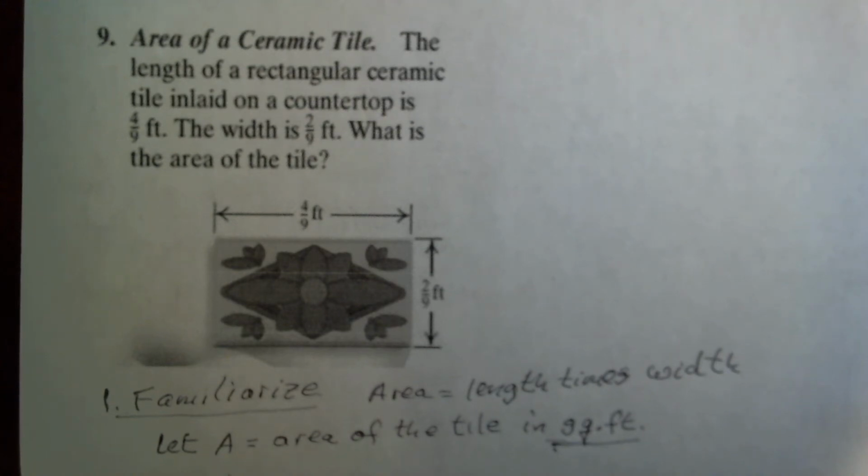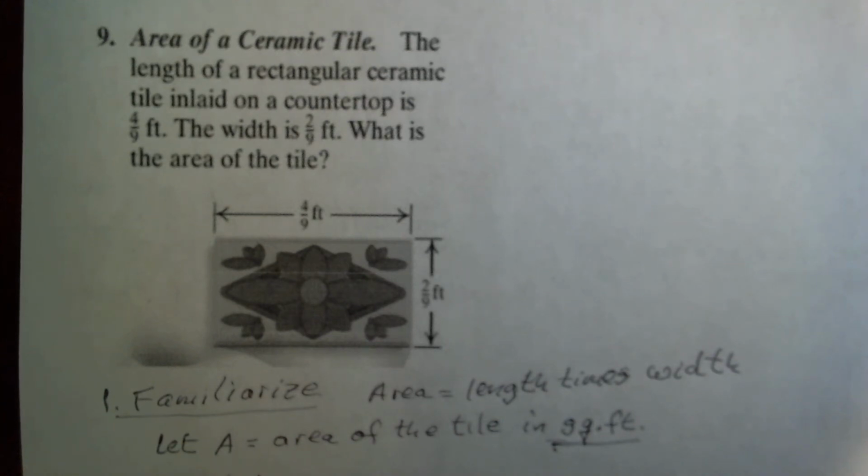So we say area A equals length times width. So that's 4/9 times 2/9.